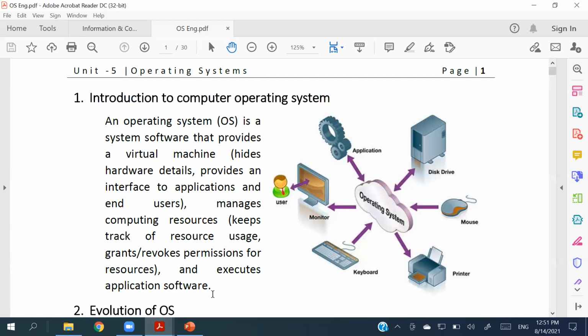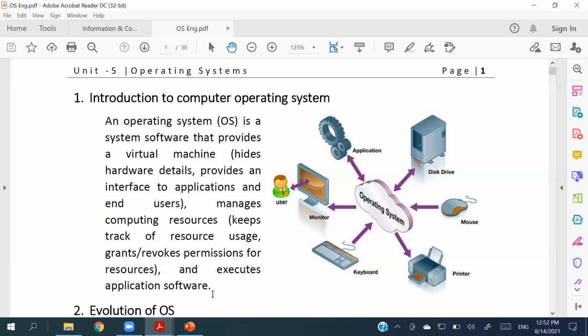So there are three things, right? And that is why I have put this picture at your right hand side. You can remember the definition from these things. So the user is there, the monitor is there. The operating system is the one providing you the interface or the virtual machine. I'll tell you what a virtual machine is, right?